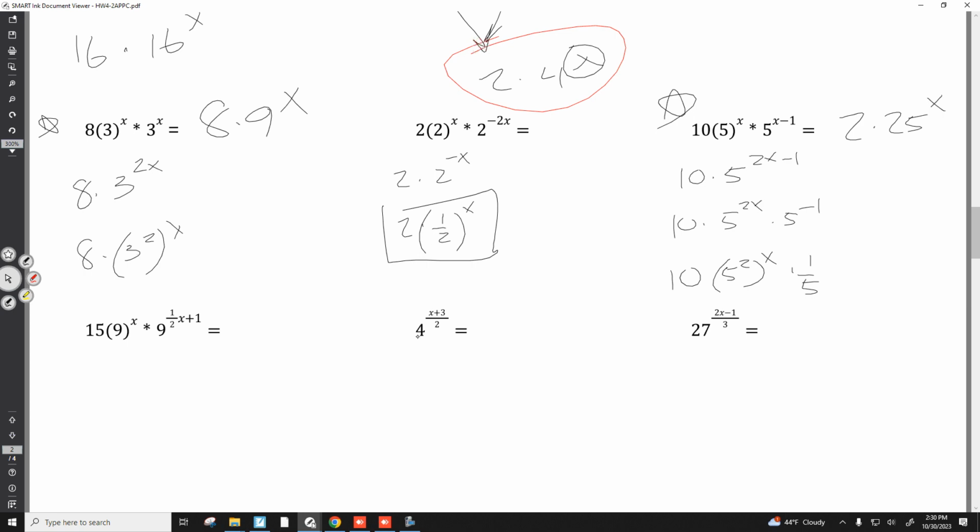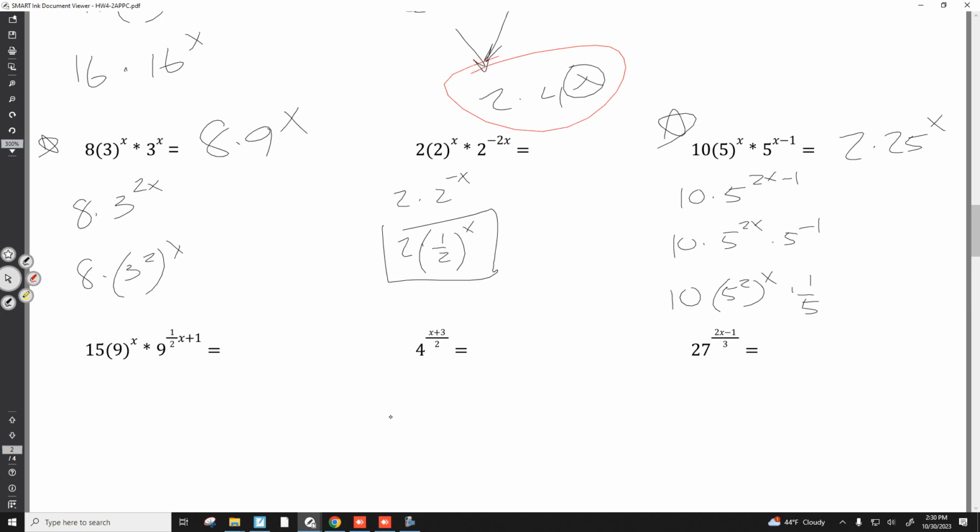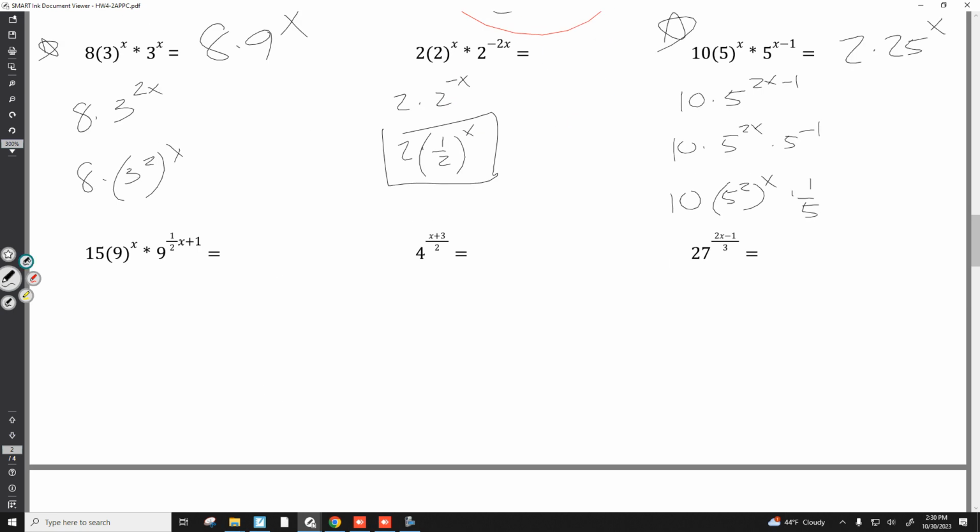I saw this, and I'm like, you should probably rewrite this as 4 to the 1/2 times x plus 3. Dividing by 2 is the same as multiplying by 1/2. And that means I could write this as 4 to the 1/2 to the x plus 3, which is 2 to the x plus 3. If you're just copying this down, it's not really helping you.